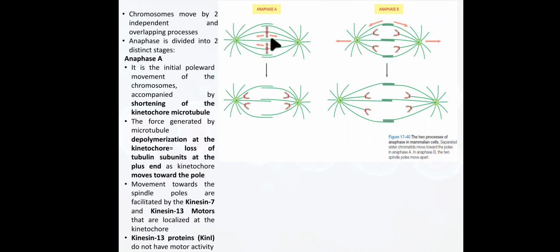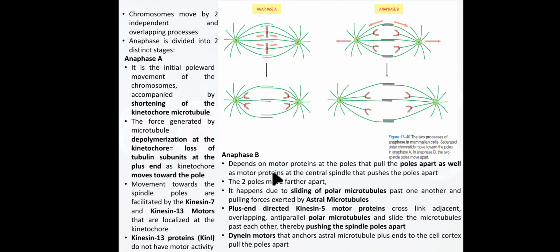That shortening will help the poleward movement. This movement is facilitated by kinesin 7 and kinesin 13. Next, what about anaphase B? It depends on motor proteins at the poles as well as motor proteins at the central spindle that push the poles apart. So this is movement of poles apart. This is done with the help of polar microtubules, kinesin 5 motor protein and dyneins also.